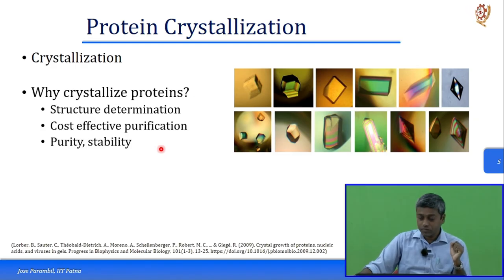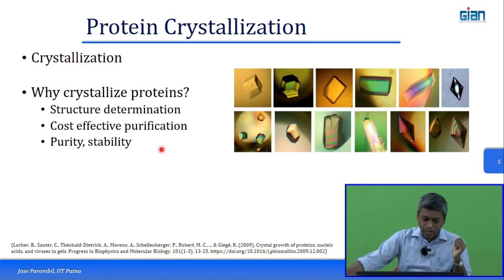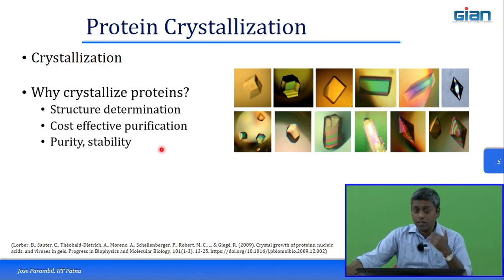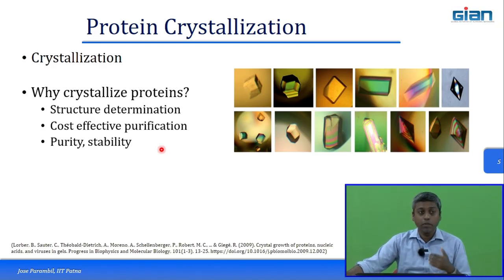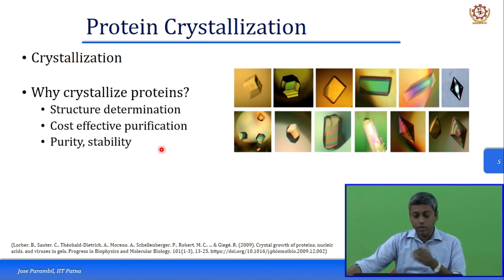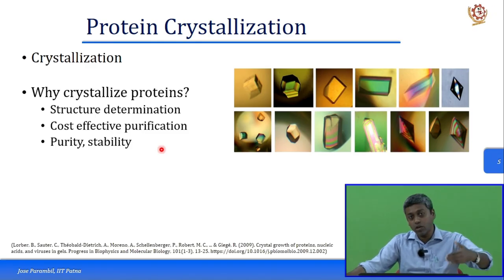I would say that we are yet to achieve this sort of sustainable crystallization process for many proteins. Some of the industrial ones are being crystallized now. We'll see a few examples, but this is the ultimate goal that we have.